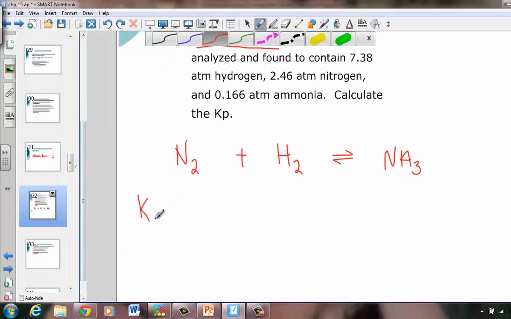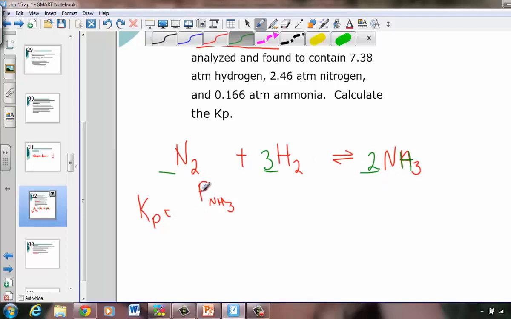So remember, these are Kp's. So Kp would be the partial pressure of ammonia, NH3. You know what we didn't do? We didn't balance. Let me go back. We have two N's. We'll need to double here. 3, 6, 1 to 3 to 2 stoichiometric ratio.